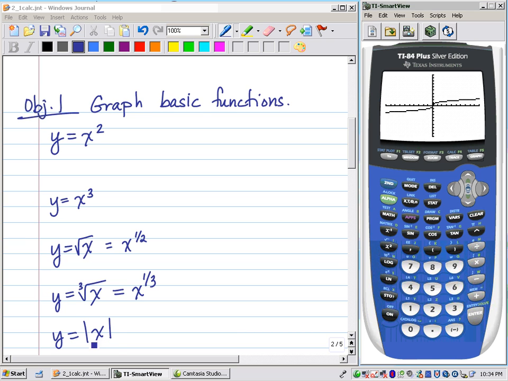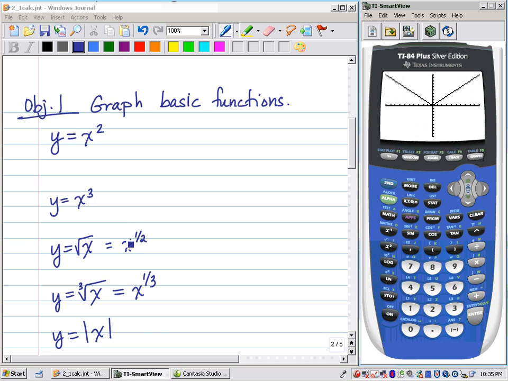And then lastly, I want to show you how to use the absolute value function. If you press your y equals key and clear, to do the absolute value of x, I have to go back to that math menu, go over to the number menu, and number 1 is absolute value. So I type in the x and close parentheses and get the graph there. Okay?